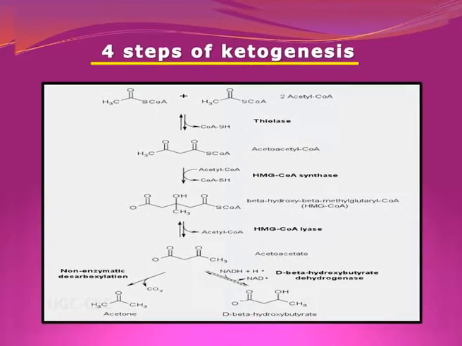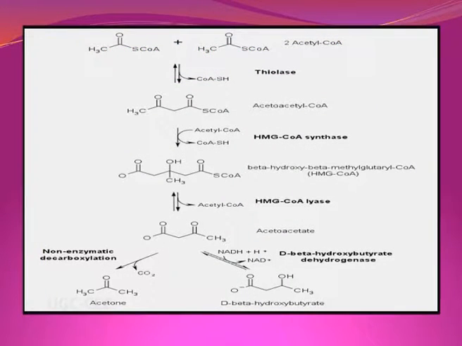Now, as we can see in this slide, there are 4 steps to ketogenesis. In step number 1, 2 molecules of acetyl-CoA condense with the help of the enzyme thiolase to form acetoacetyl-CoA.